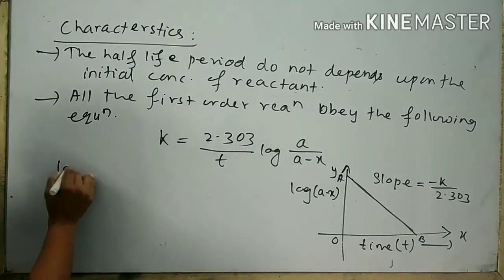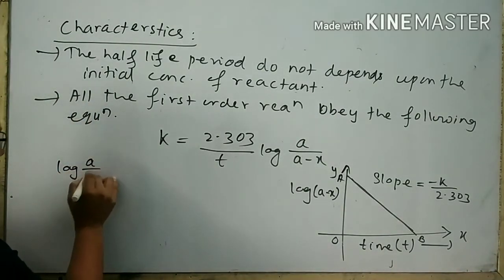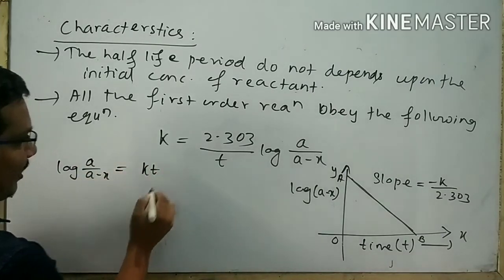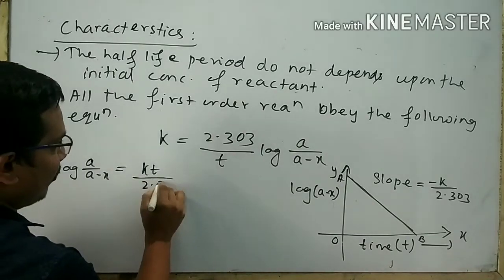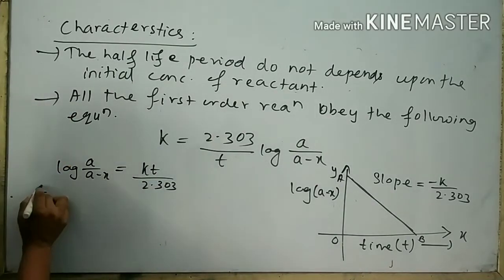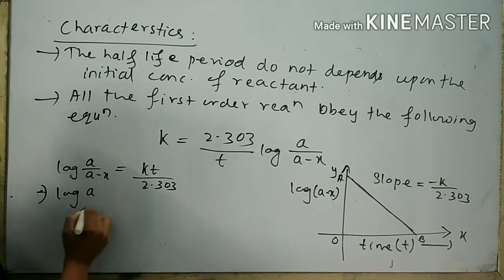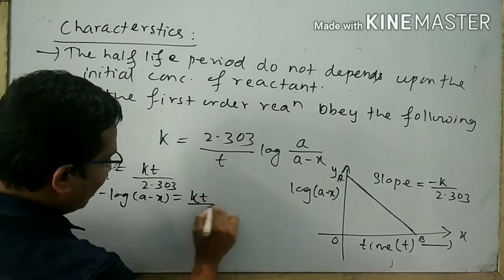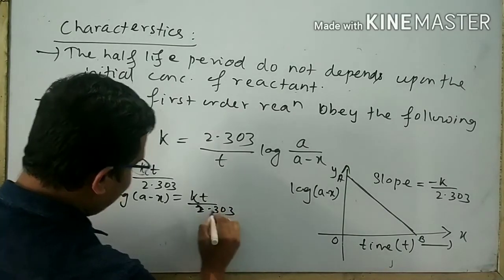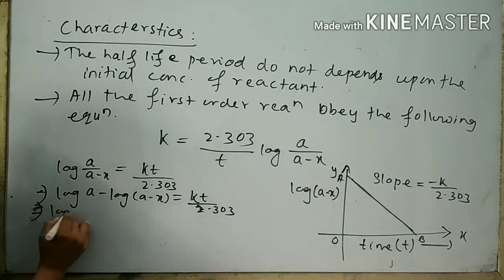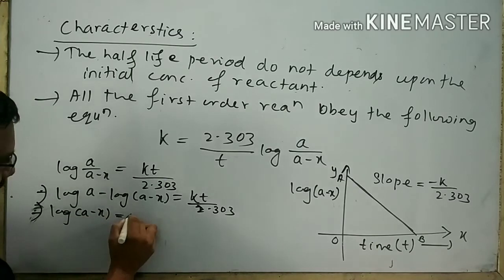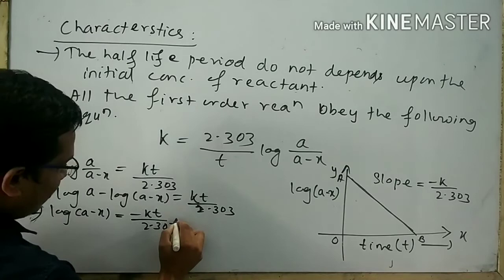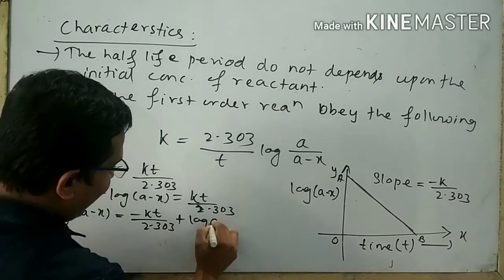Now convert the equation like this: log A by A minus x equal to kt divided by 2.303, which implies that log A minus log A minus x is equal to kt divided by 2.303. Now log A minus x is equal to minus kt divided by 2.303 plus log A.